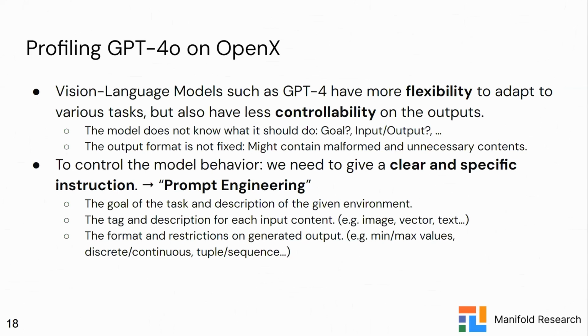So most of you have heard of the word prompt engineering, where we should instruct a language model clearly and specifically to use it correctly. We should let the model know the goal of the task, the description of the environment, the explanation for each input, and how it should generate the output in terms of the format and values.